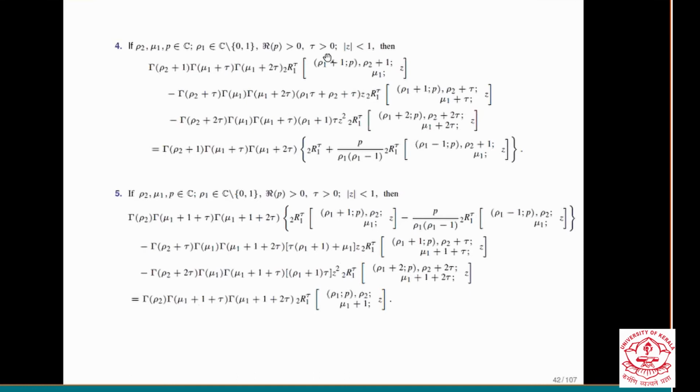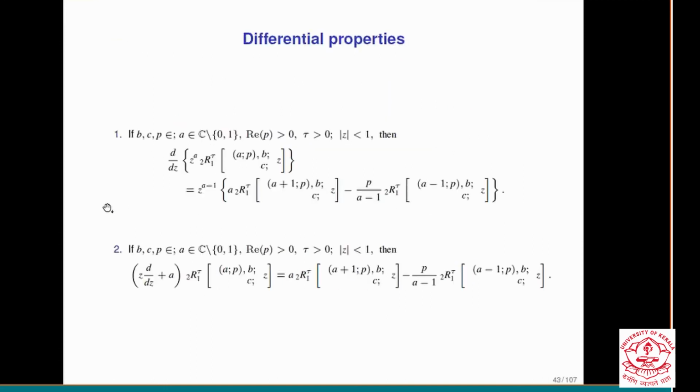Then this condition would be satisfied. Similarly, if we take the fifth one, imposing the conditions mentioned here, we again obtain this result. This is the relation number 5.